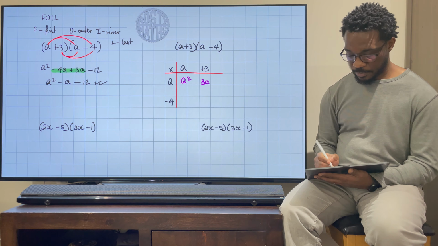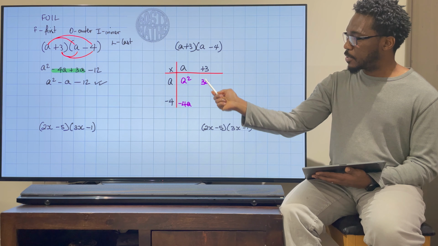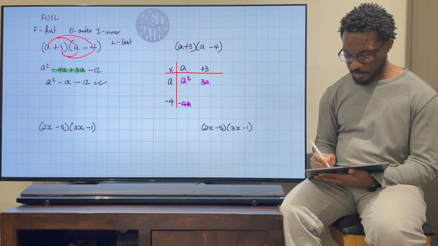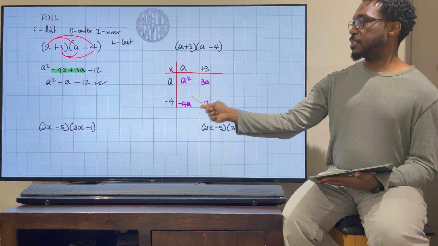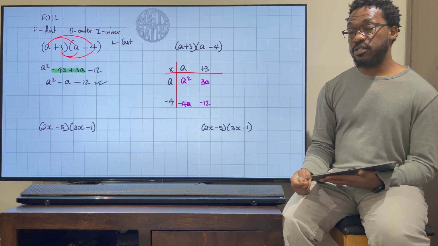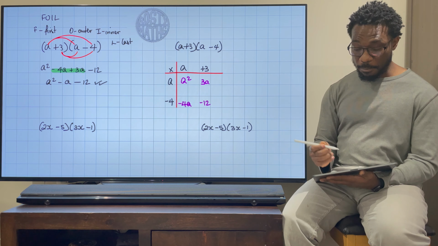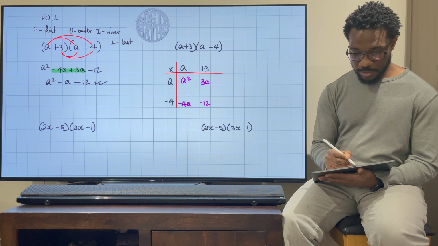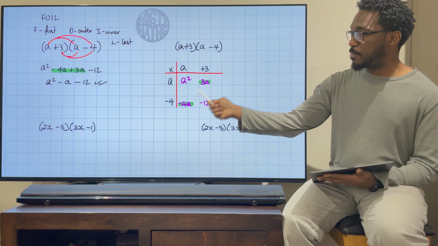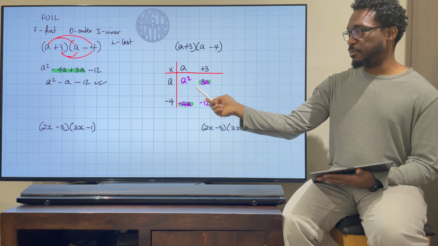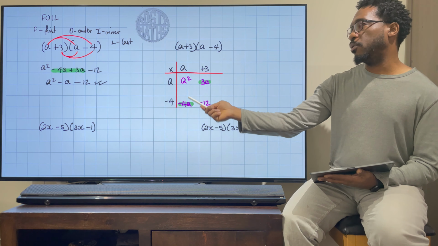And then on this box on the end here, 3 times minus 4, that's going to be minus 12. Again, right in the middle here, I have got two terms that are the same, so I can combine those two. So when I combine them, this gives me minus a, because it's going to be 3a take away 4a, or negative 4a plus 3a, doesn't matter. It's minus a or minus 1a.